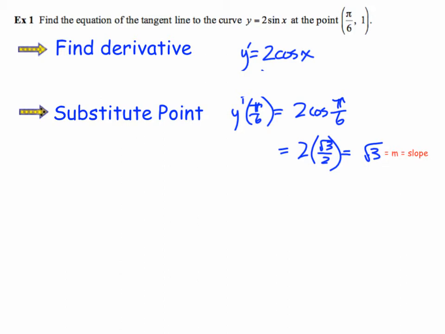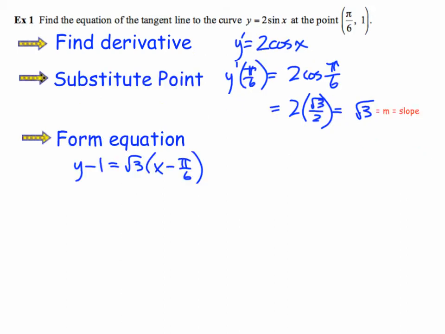So by forming the equation, I have my slope of root 3, and I also have my point from above, pi over 6 comma 1. Substituting these values into the general equation, y minus y1, so y1 is 1, equals m, which is the slope of root 3, and x minus x1, which is pi over 6.